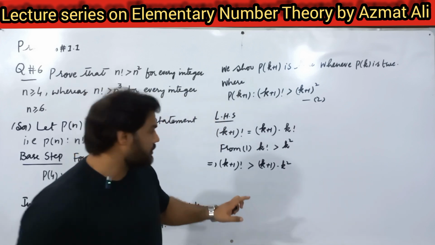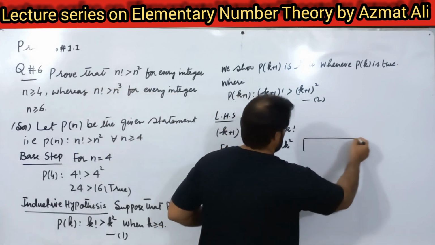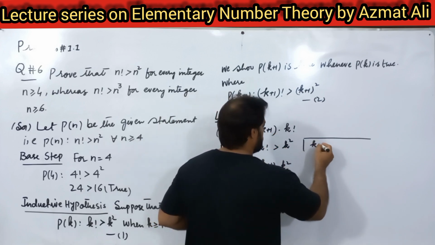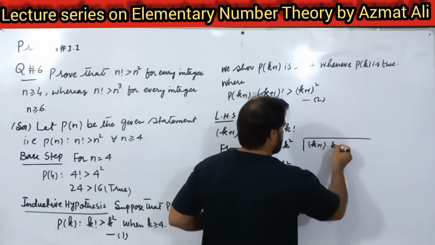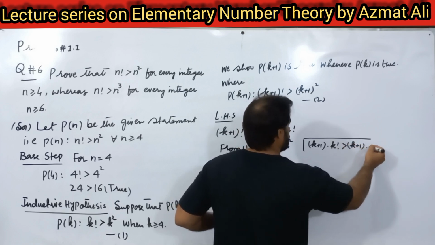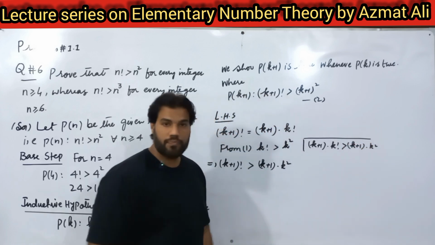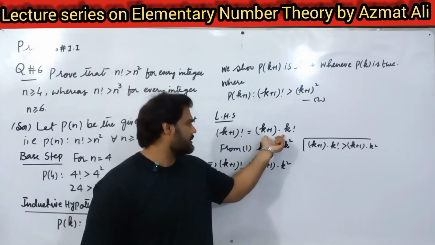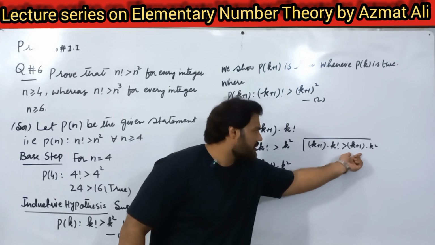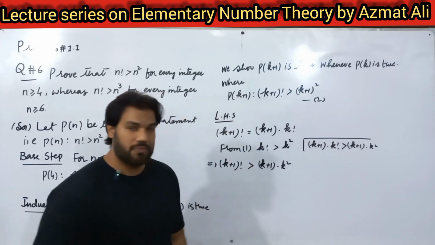How can we obtain this step? Just by multiplying k plus 1 on both sides, this becomes k plus 1 into k factorial greater than k plus 1 into k square. So this expression k plus 1 into k factorial is bigger than k plus 1 into k square.